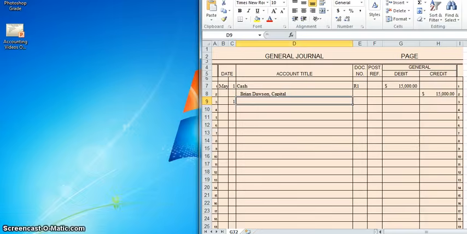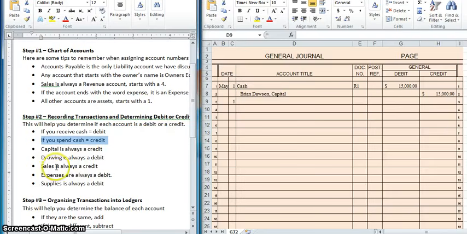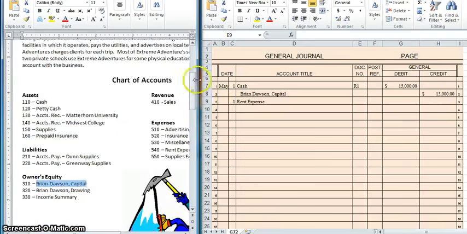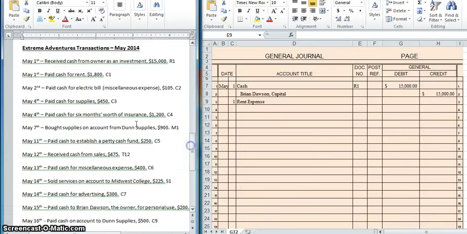So, back to my cheat sheet. Expenses are always a debit, every time. So I'm going to put rent expense. Back to my transactions.